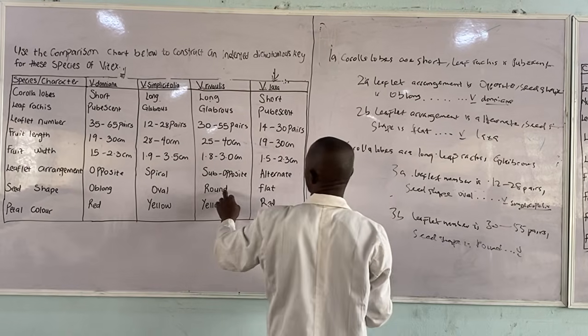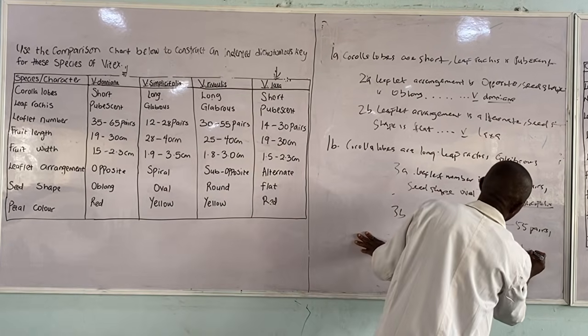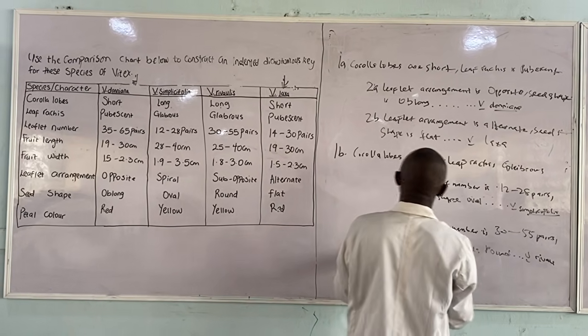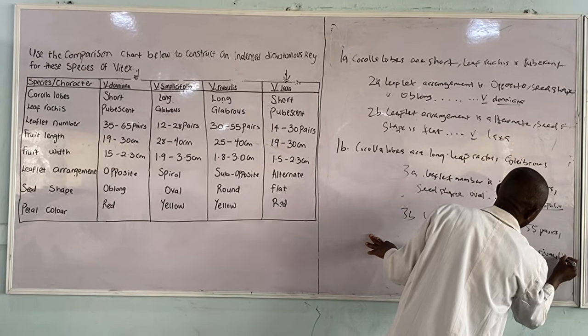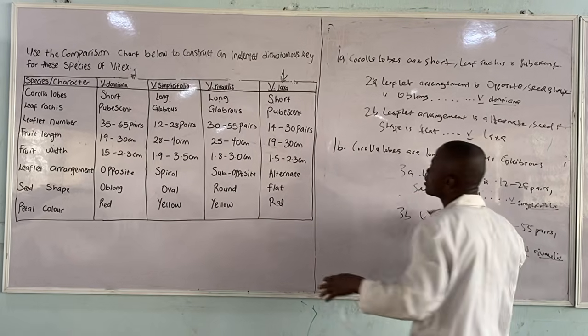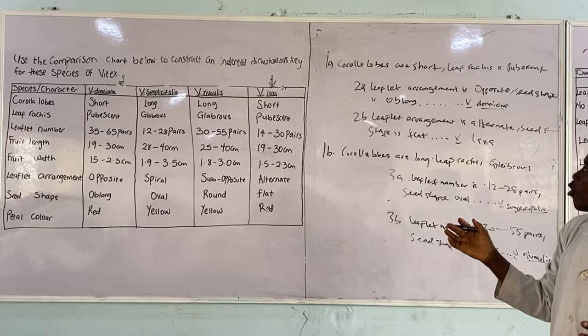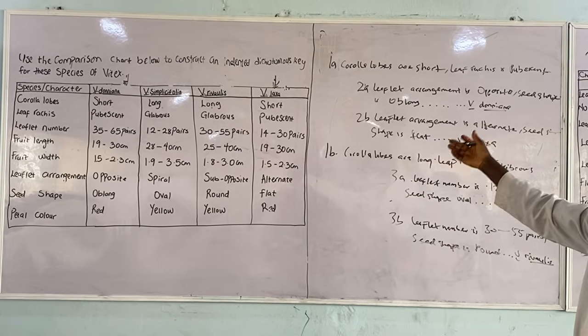V. revolve. So with this, we're through with this identification or comparison chart where we're able to construct a key.